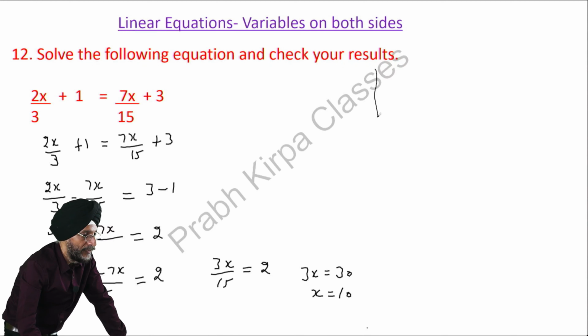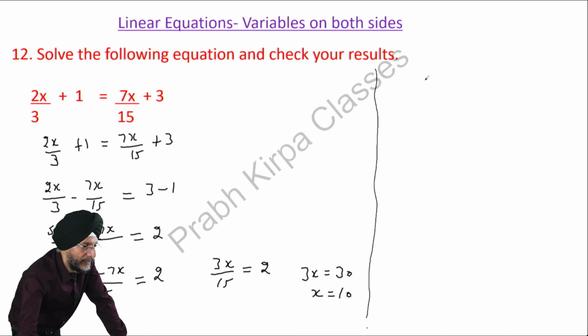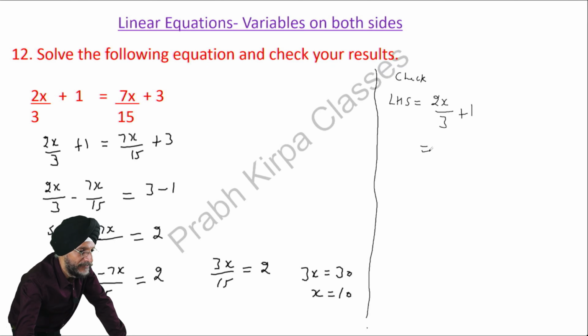Now we will fill in the value of x on the left hand side and right hand side. So check the left hand side. What is the left hand side? It is 2x over 3 plus 1. So let us fill in the value of x. 2 into, what is the value of x?